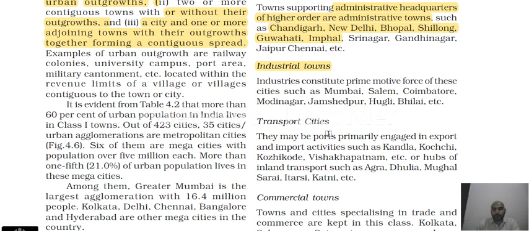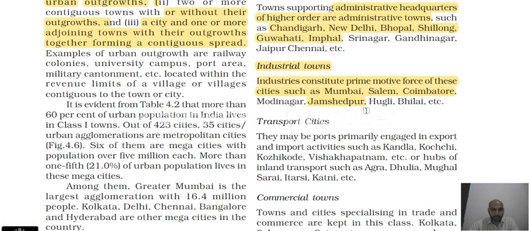Industry constitutes the prime motive of cities like Mumbai, Salem, Coimbatore, and Jamshedpur. Jamshedpur is also known as the Tata city. You will find the Tata plants and all those plants in the Jamshedpur region.